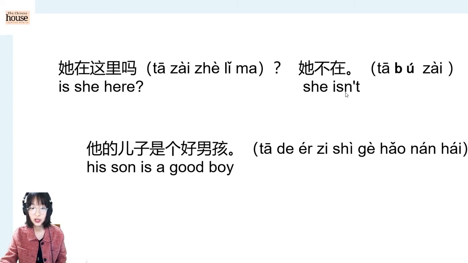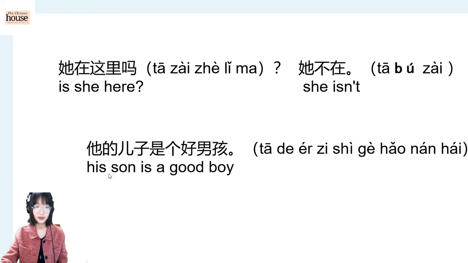And the answer is she isn't: 她不在, or you can say 她不在这里. But you have to add the 在 here: 她不在. If you say 她不, that's too colloquial. It's okay, but it sounds kind of confusing.